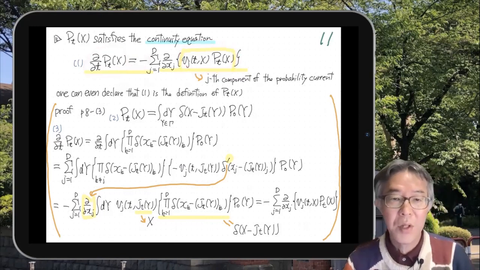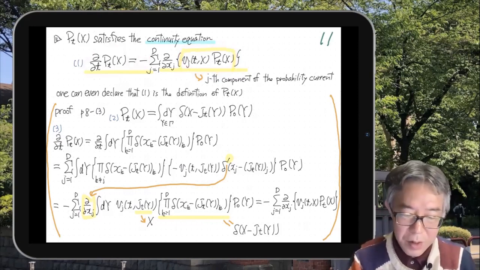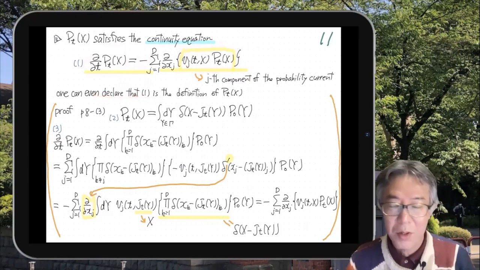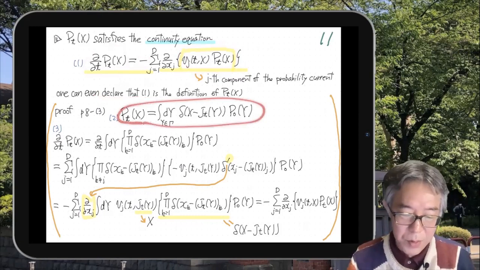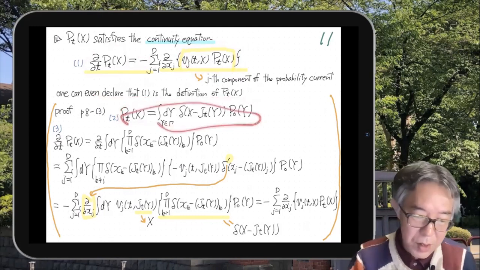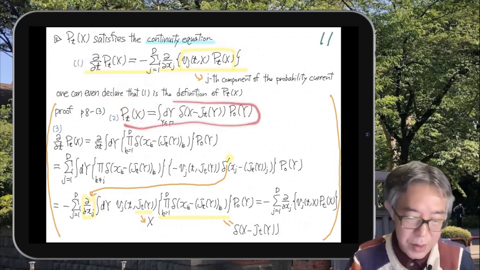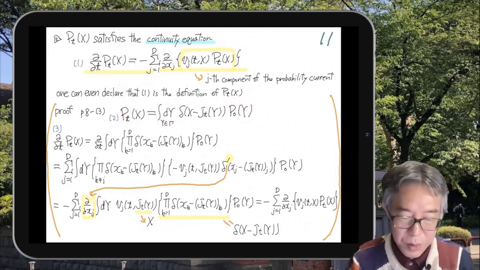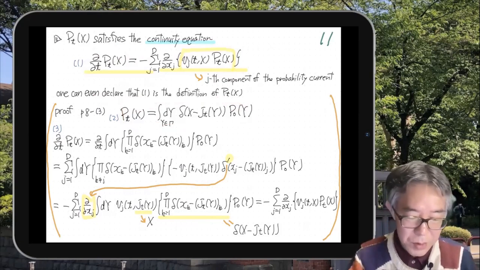Okay, so this is so trivial, and you don't need a proof. Or you can even declare that this one is the definition of P_t(x). In our case, we defined it by using this delta function. But if you don't like this, you can use this as a definition. But anyway, since we use this as our definition, we're going to prove this. And of course, it's trivial, and it's simply a matter of notation.